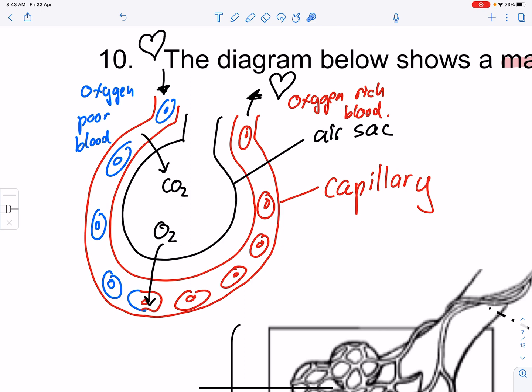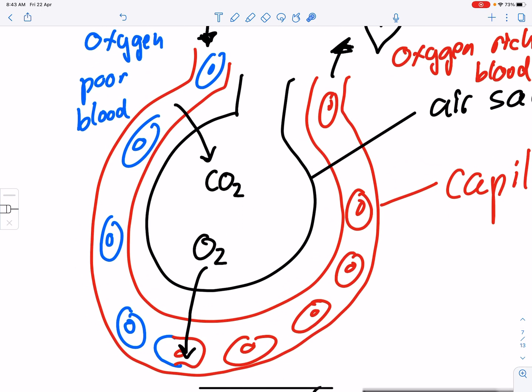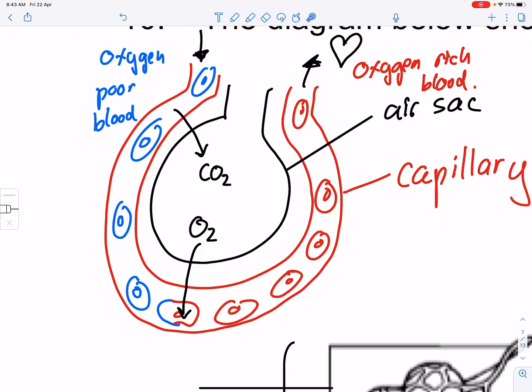Now, you have to realize one thing. Do you realize that I drew my arrow for carbon dioxide coming out from an empty space, whereas I drew my oxygen going into a red blood cell? Now, this is something that a lot of students don't understand, and when they reach secondary school, they are very confused because the teachers always tell them blood, blood, blood.